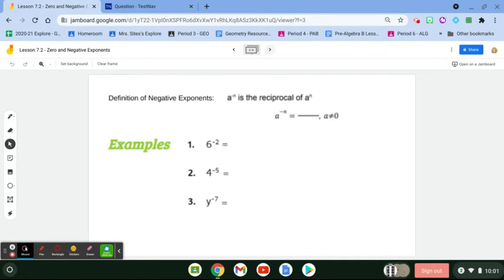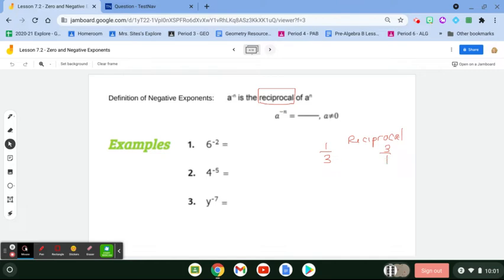And when I say the word reciprocal, just to make sure you understand, a reciprocal in math means flipping a fraction around. So for example, if you had 1/3, the reciprocal means to flip your fraction, so the reciprocal of 1/3 would be 3 over 1.